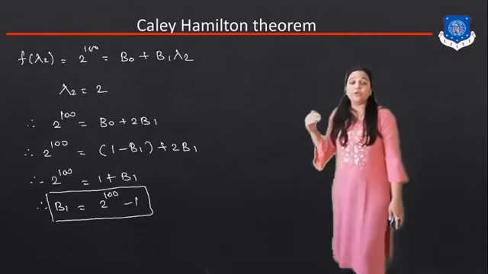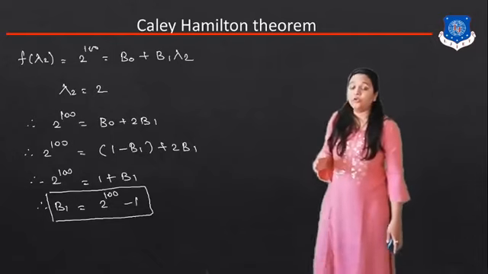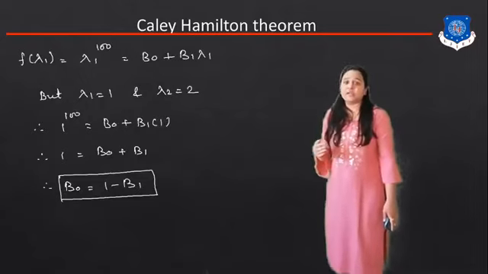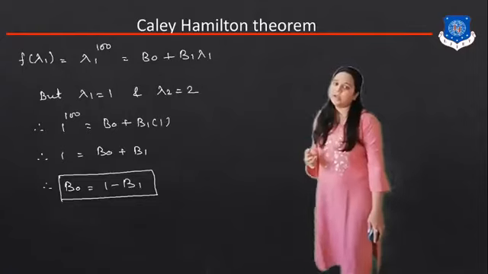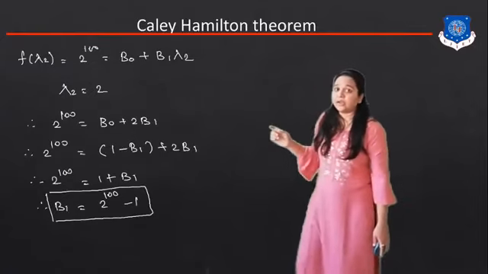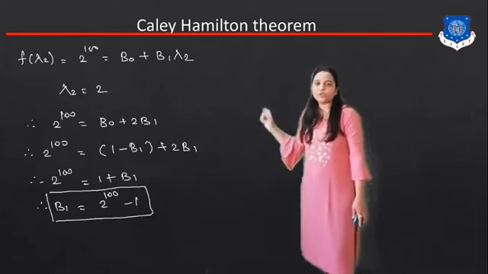Now using the two equations, we have to find the value of b1 and b2. From the earlier equation, we get b0 is equal to 1 minus b1. Put the value of b0 in this equation: 2 raised to 100 is equal to b0 plus 2b1.